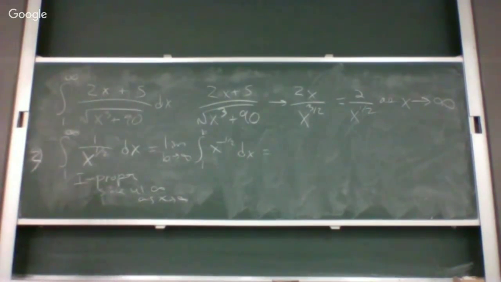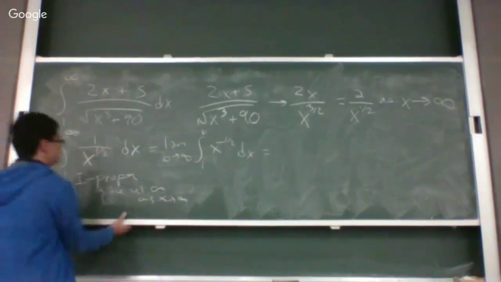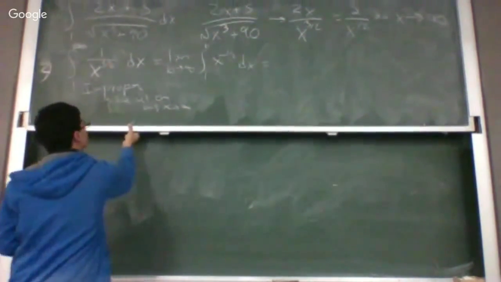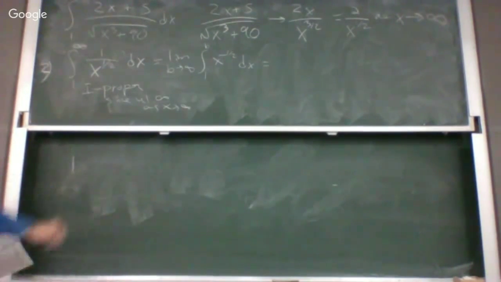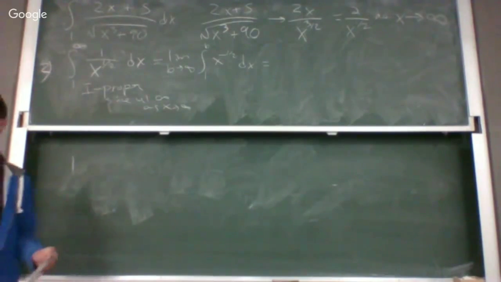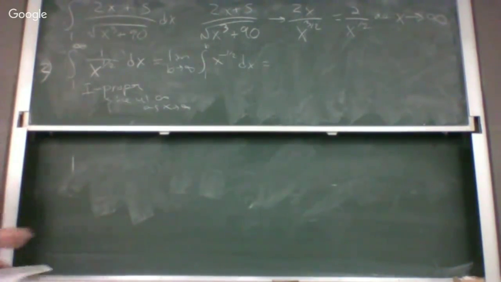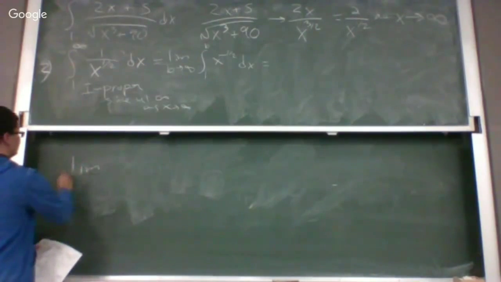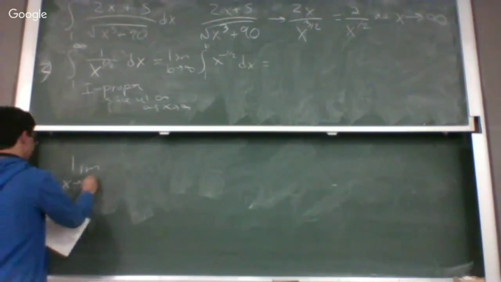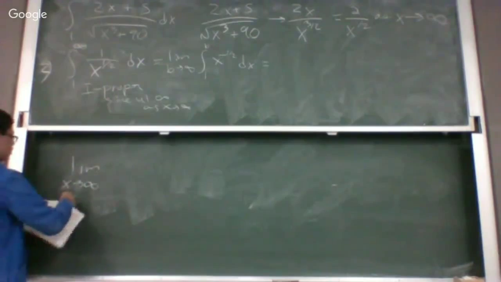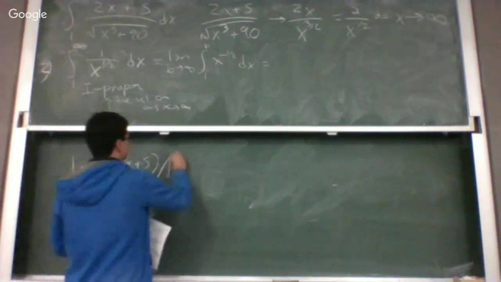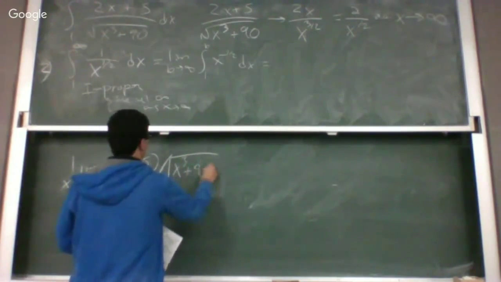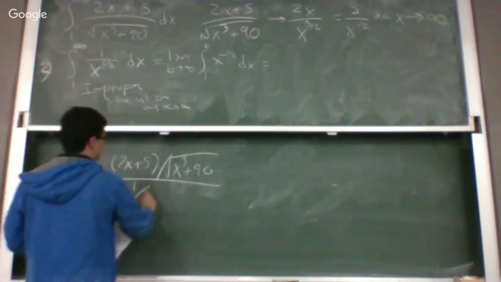You check by doing the limit. So let me do that. You get a number. So the next step, which they did beforehand in class, which makes more sense, is the limit as x approaches infinity of f of x over g of x, and our f of x is 2x plus 5 divided by the square root of x cubed plus 90, all over 1 divided by x to the 1/2.